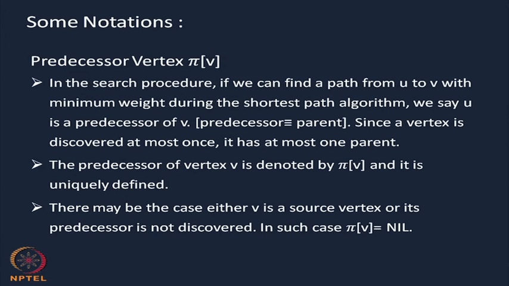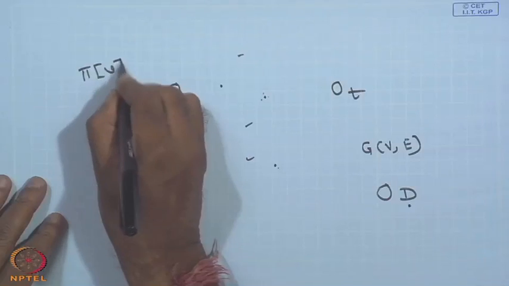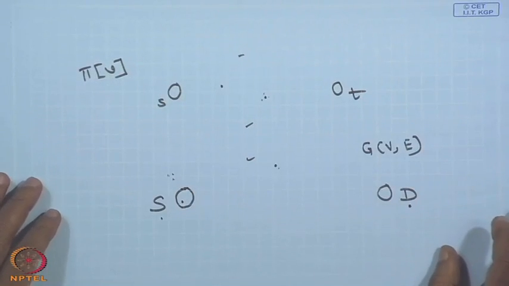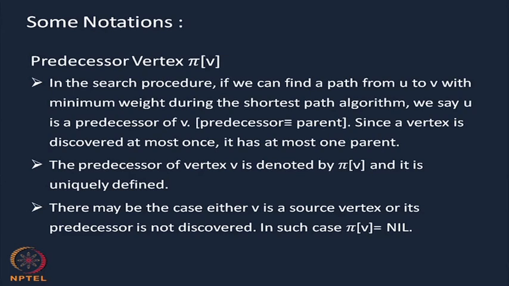So, some notations which I will use in the development of the algorithm. The first one is the predecessor vertex pi of V. Predecessor vertex pi of V is used in the search procedure.